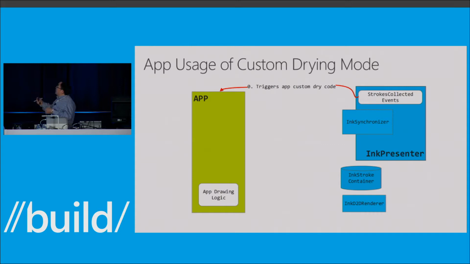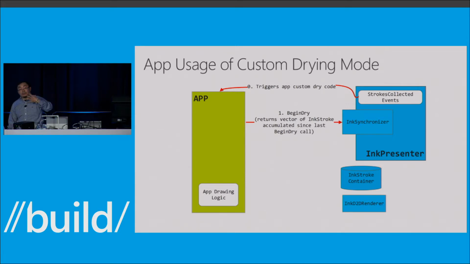First, you hook up the stroke collected event, and this will trigger your application code to do the custom drawing. First, you call begin dry, and begin dry will return you a vector of ink strokes.